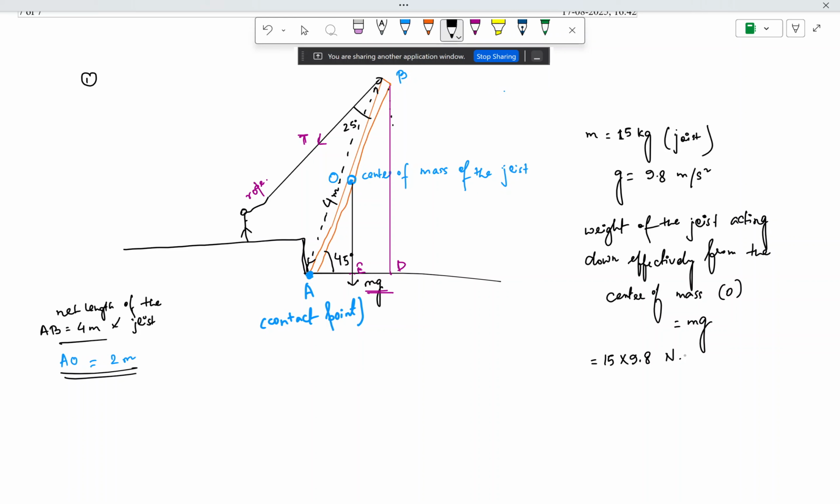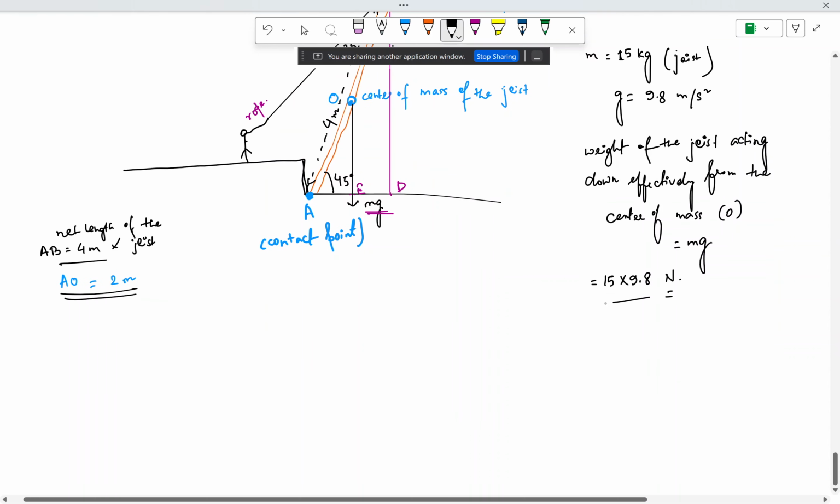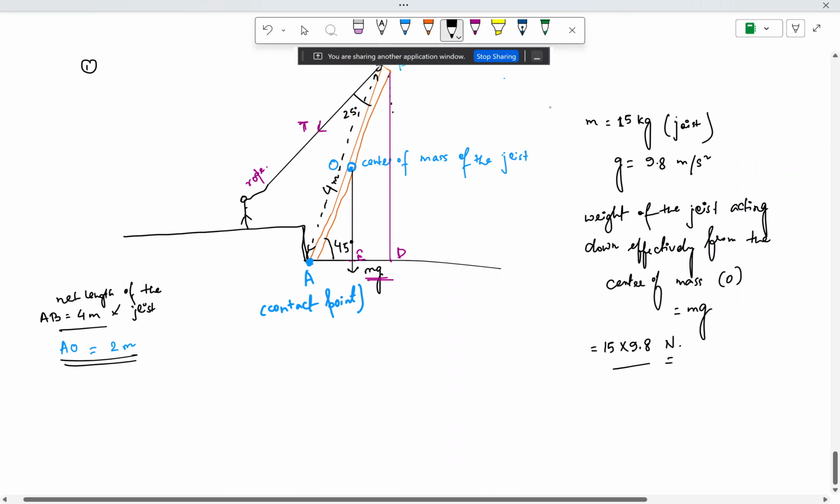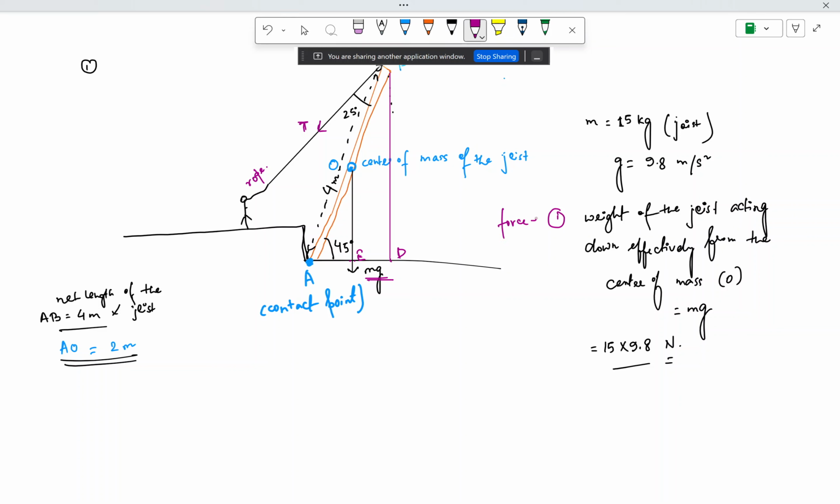It is a force, so basically in SI the unit of force is Newton. So it is in Newton. You can get the exact value by multiplying it. Now, this is one of those forces that is acting here. This is the weight force which is mg. Okay, so this is force 1 that is mentioned in the question.